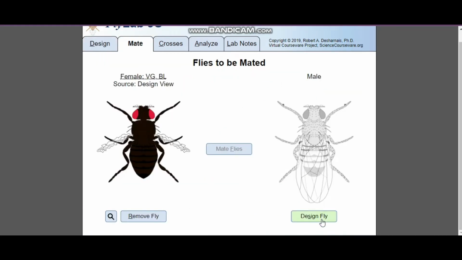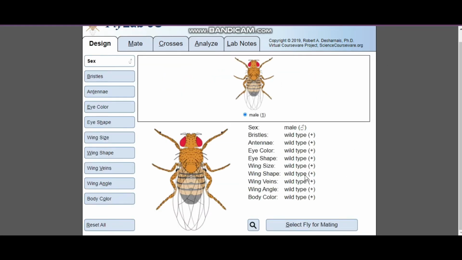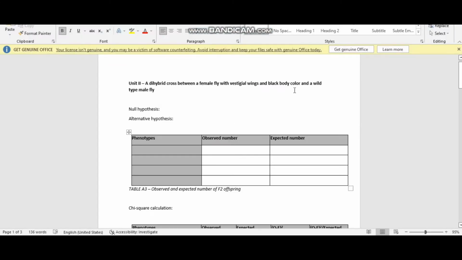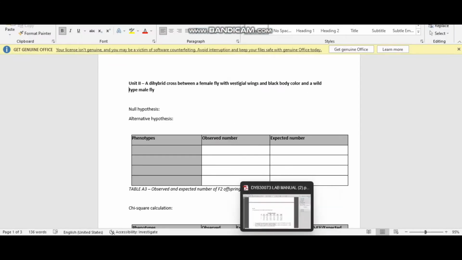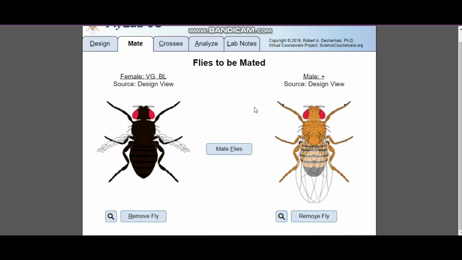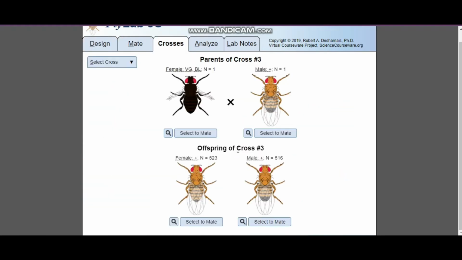So for the male fly it is wild type. Next we click mate flies.